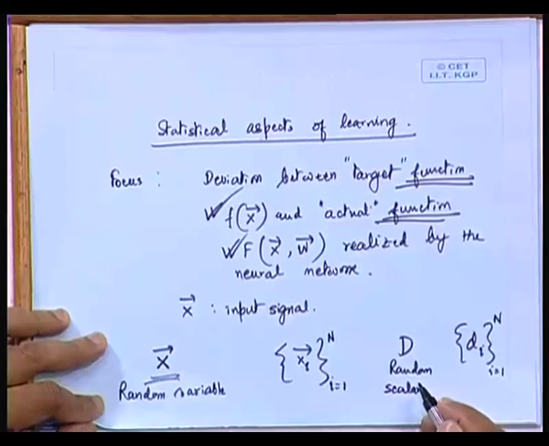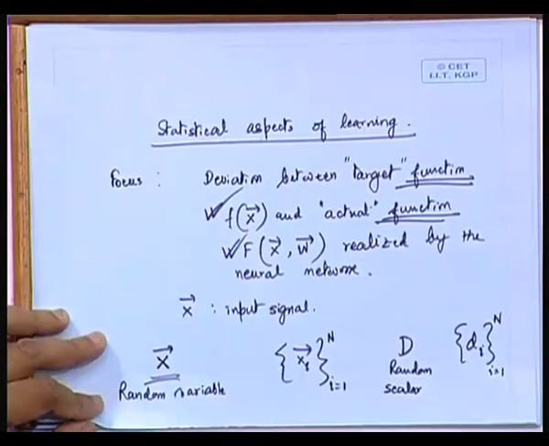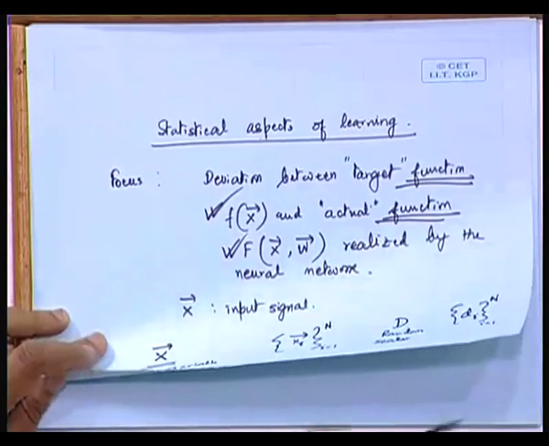And what more we have to take is that this x vector is an independent random variable, whereas this d is a dependent random scalar quantity. D is dependent and x is independent. We must have that in mind.